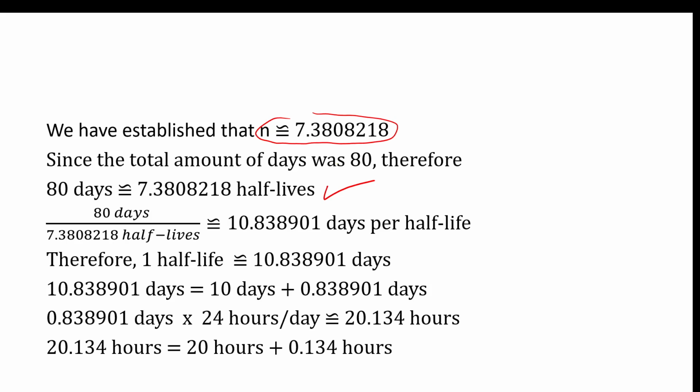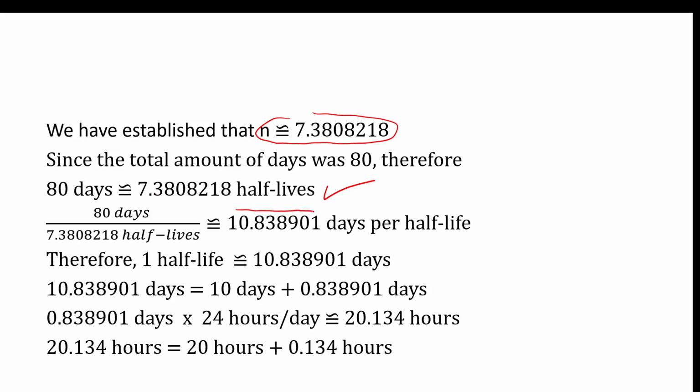We just determined that n is 7.3808218 approximately. That's how many half-lives have gone by. So 80 days is roughly equal to that many half-lives. The question says how much is one half-life? So let's divide each side by 7.3808218. If we do that, we do 80 days divided by 7.3808218.